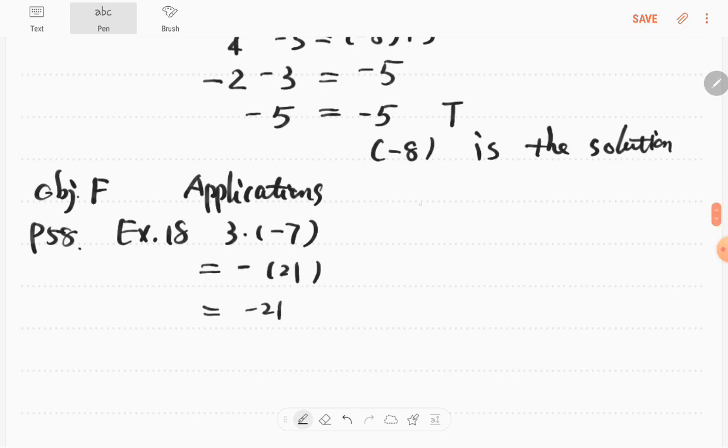And the question is the total score. Okay, if the golfer got -7 for each of 3 days, then the total score will be 3 times -7. So it's -21. Alright.